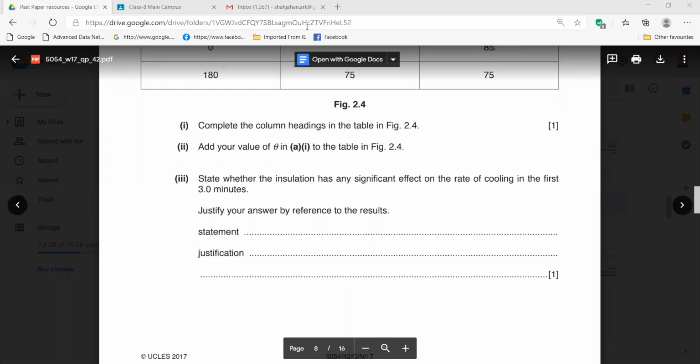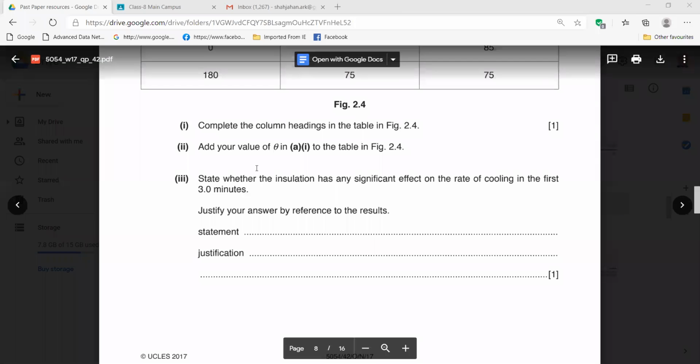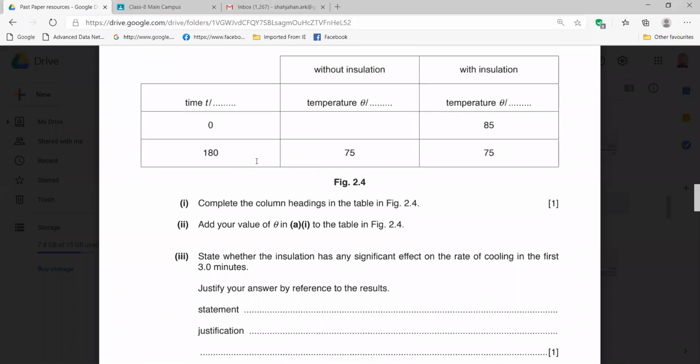Justify your answer by reference to the results. Yeah, you have to check the results. Then you can make the comment: statement and justification. So from the table, you make the statement and justify it.